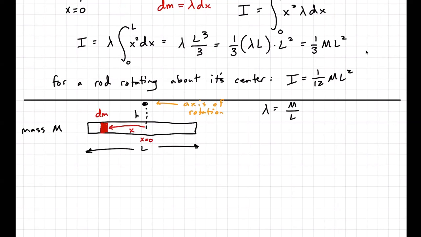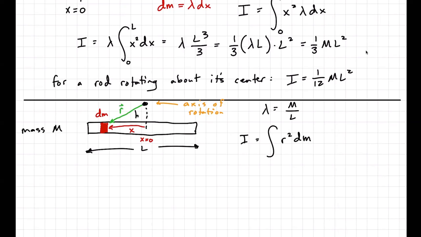But the r, if I write my integral expression, the integral of r squared dm, the r is a little bit trickier than the previous case. It's not just x. I have to consider that the point is h above the rod as well. So the actual r vector is this right here.